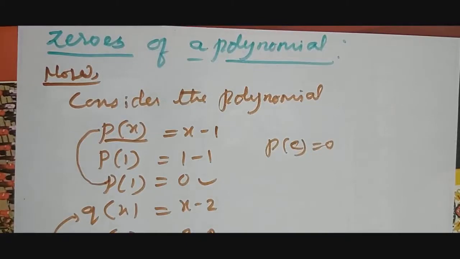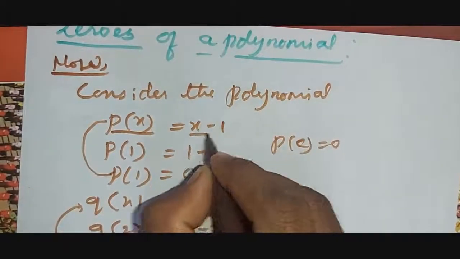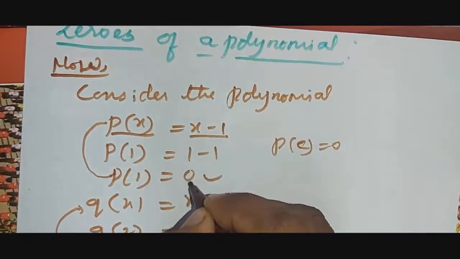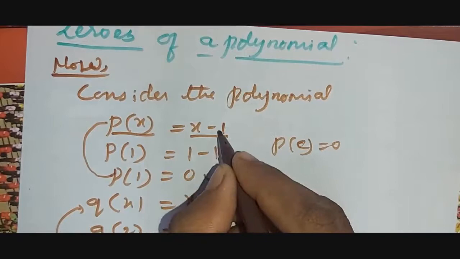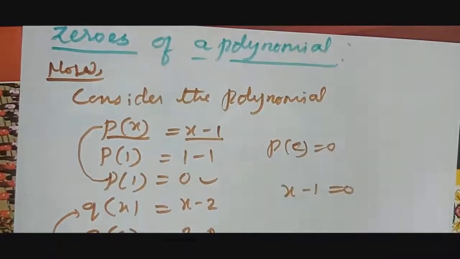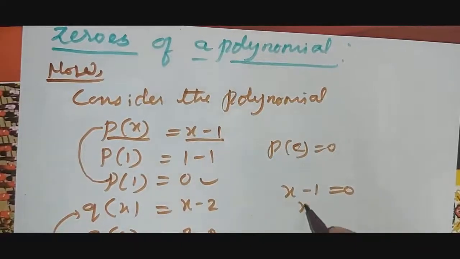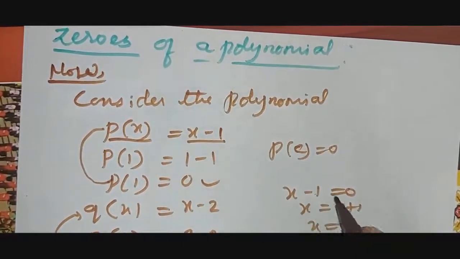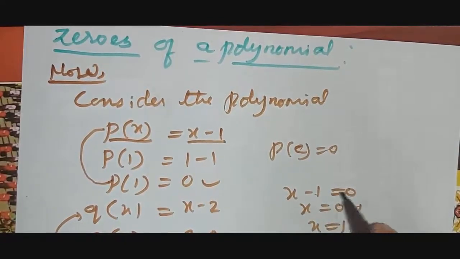You must have observed that the zero of the polynomial x minus 1 is obtained by equating it to 0. That is, x minus 1 is equal to 0, which gives x is equal to 0 plus 1, that is x is equal to 1. Minus 1 goes to the right side as plus 1.